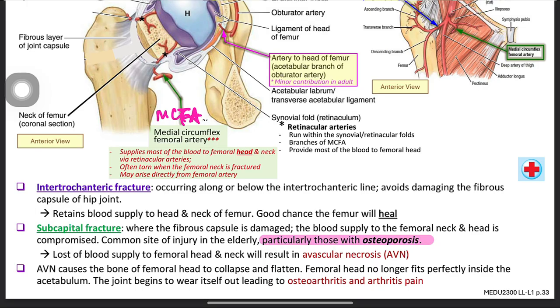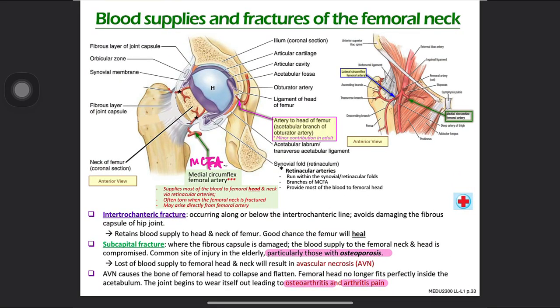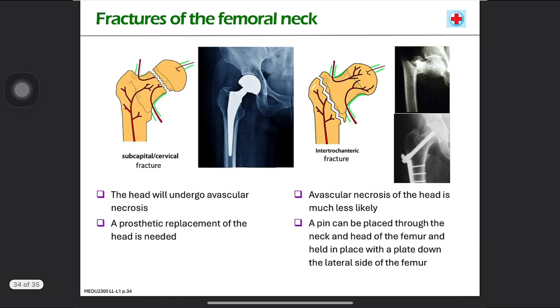So this head no longer fits perfectly inside the acetabulum, and then the joint wears itself out, leading to osteoarthritis and arthritic pains. So that's why the location of the fracture site is really important to estimate which way of treatment the patient should be offered.